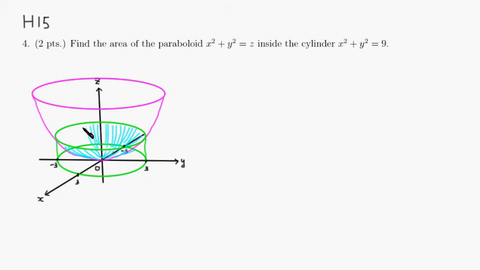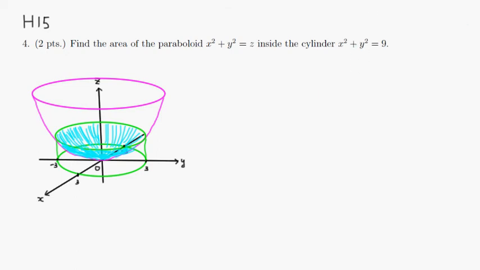We want to find the area of the portion of the paraboloid inside the cylinder, which looks kind of like this. Hopefully you can visualize that. So this is what we're doing.